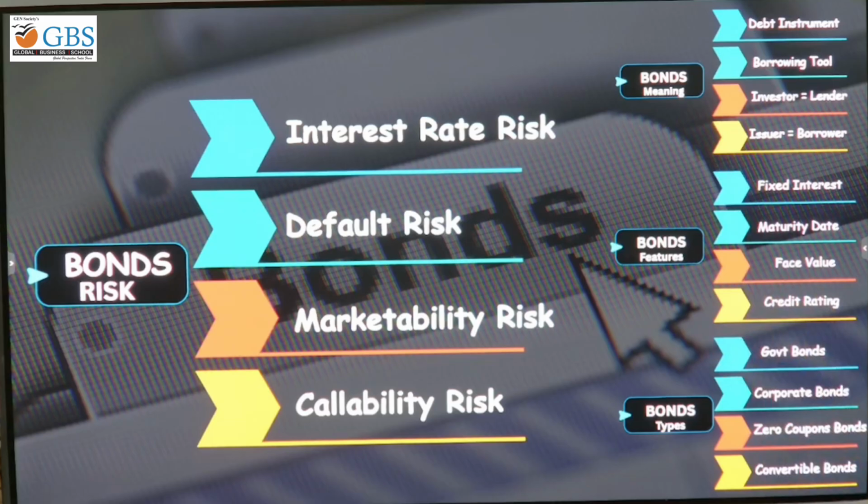Marketability risk is when a company wants to issue bonds but no one is buying them, or vice versa, when a company wants to sell but there is no public to buy. And callable risk is where the company can get back the bonds within the maturity date.